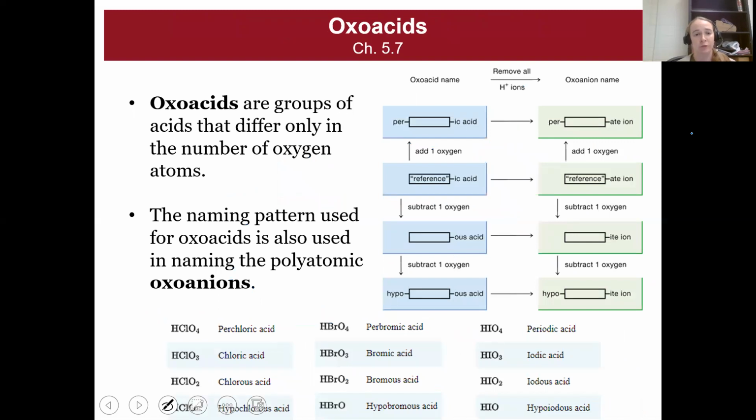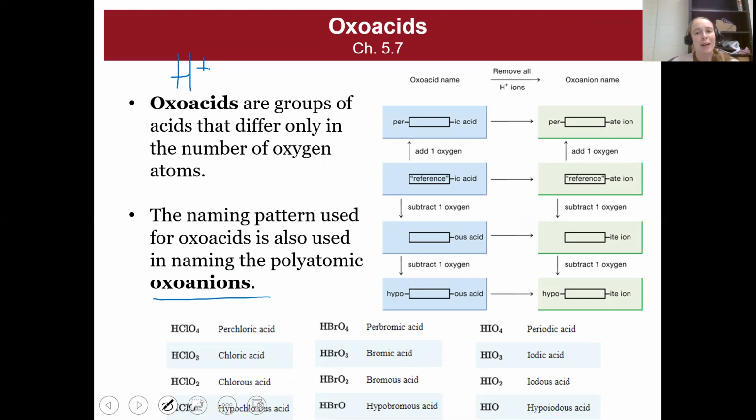So I mentioned these briefly. Oxoanions. So oxoanions are all of those polyatomic ions that have different numbers of oxygens. So when we add hydrogen to them, they become oxoacids because if you remember on our previous set of slides, we learned that anything that gives off a hydrogen ion in solution, it dissolves and it gives off a hydrogen ion that makes it an acid.